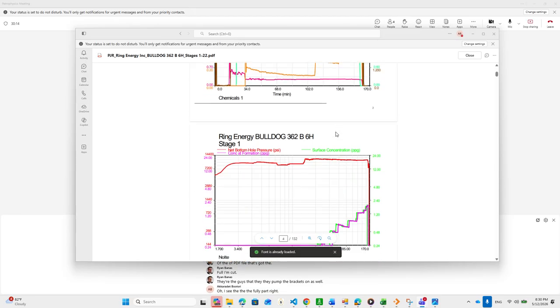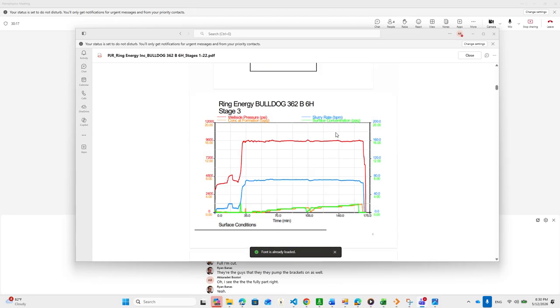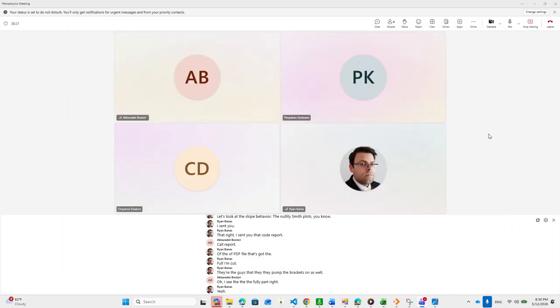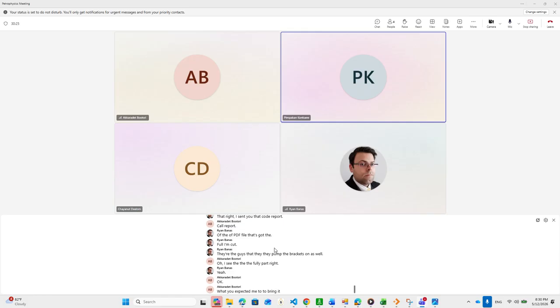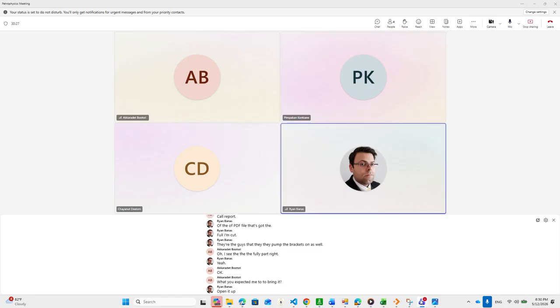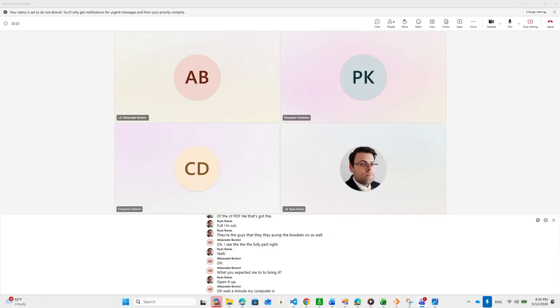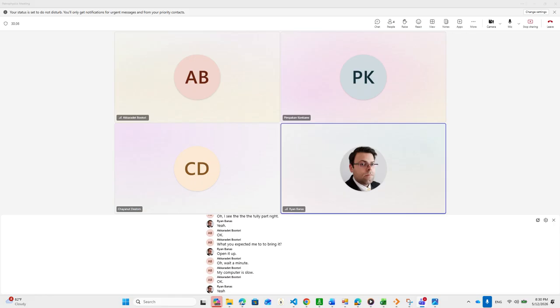Yeah. Open it up. Yeah, so find the stages, whatever those were, 15 or 16, right?